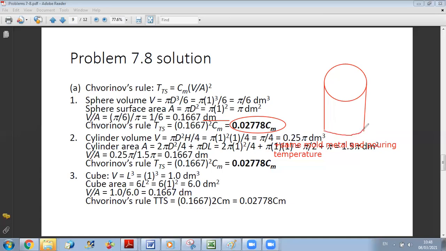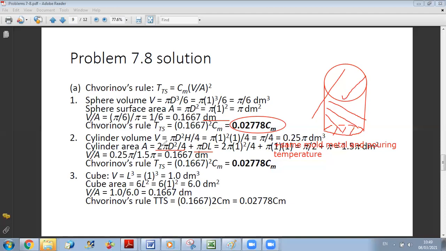And to calculate the total area, you have to take 2 times the base area plus the peripheral area, which is 2 pi r times the thickness. So you can see here that we did 2 pi d squared over 4 plus pi d l.